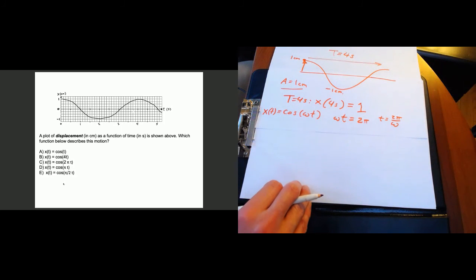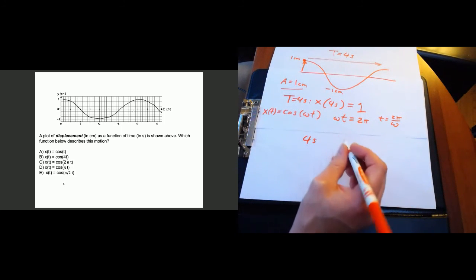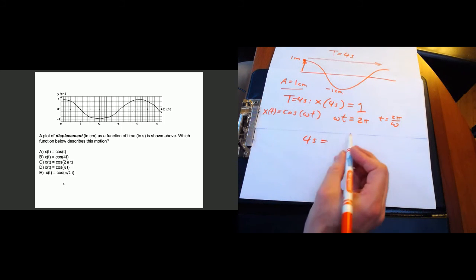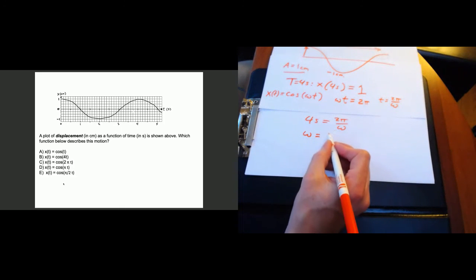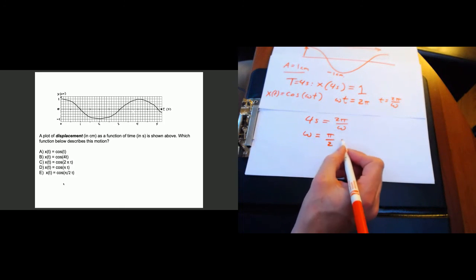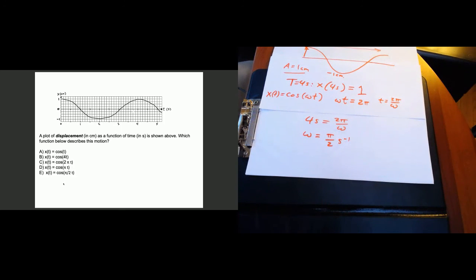And in our present example, what we want is that time to be 4 seconds. And so what we can say is that 4 seconds is equal to 2 pi divided by omega. And so omega is going to be equal to pi over 2 inverse seconds. So comparing with the answers here, we see that the answer is E, that x of t is cos of pi over 2 times t.